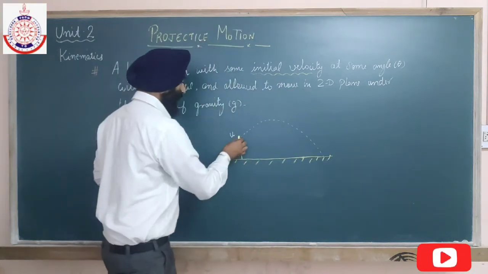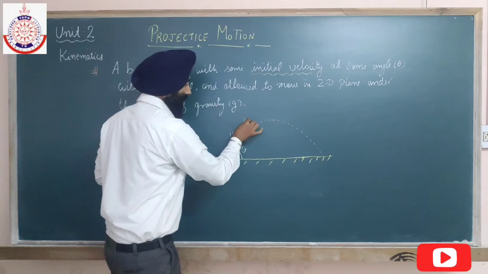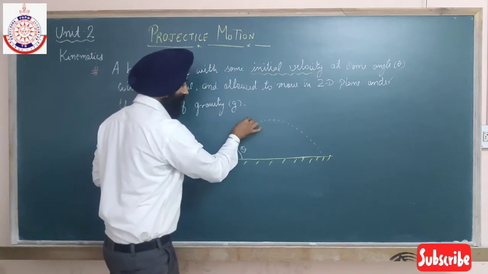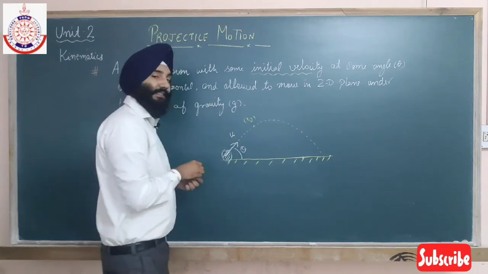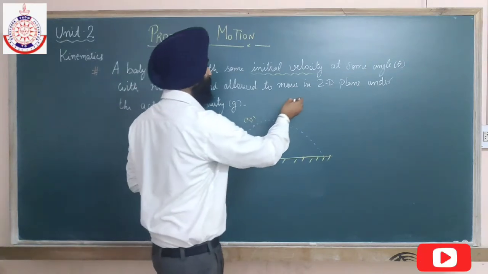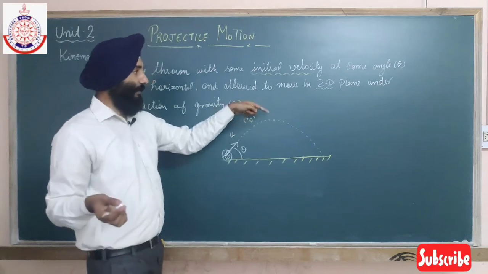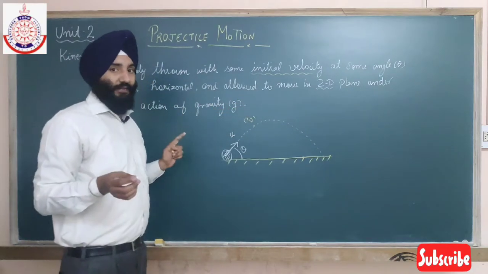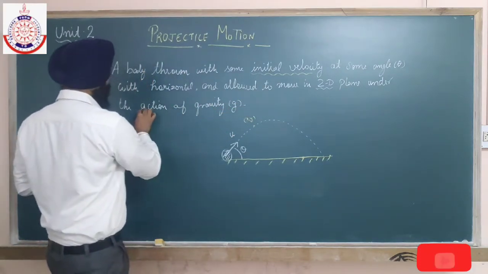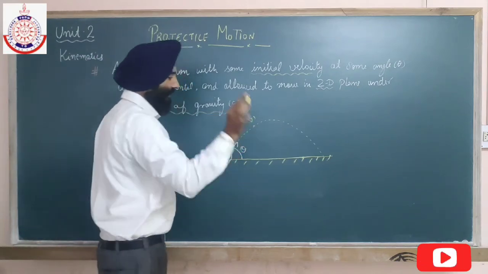It means at each and every point the position of the object is given by two coordinates, x and y. So this body moves in two dimensions, only under the action of gravity.